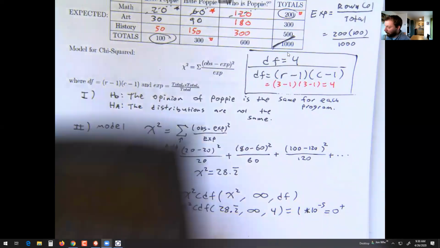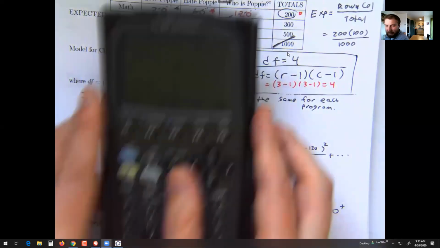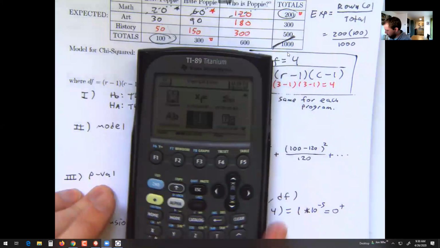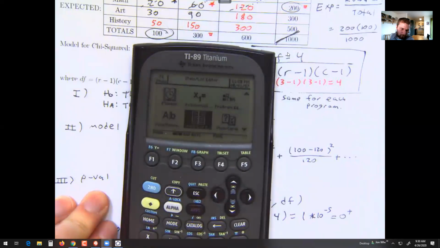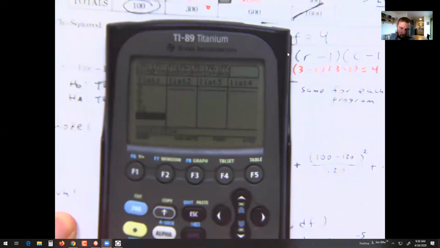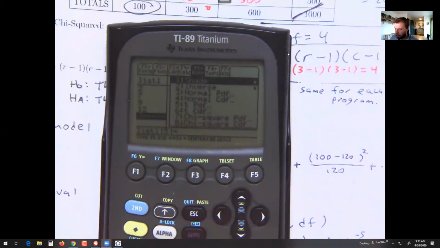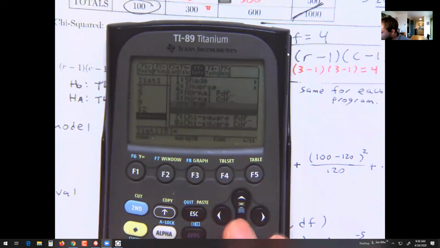TI-89, I'm going into stat list editor. So I'm going apps, stat list editor. I'm choosing the option for distribution, that's F5. And I'm choosing chi-squared CDF.